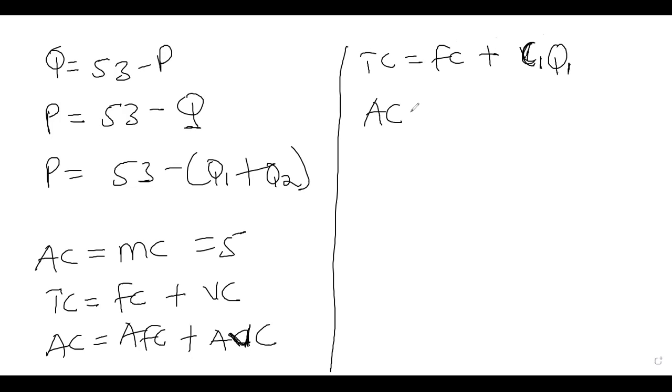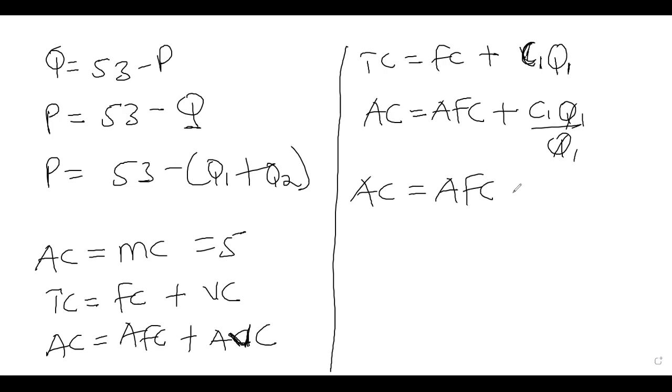So then average cost will now be equal to average fixed cost, which is gotten by fixed cost over quantity, plus average variable cost, which is gotten by total variable cost over quantity. So when the quantities cancel, we have average cost is equal to average fixed cost plus average variable cost, which is C1.